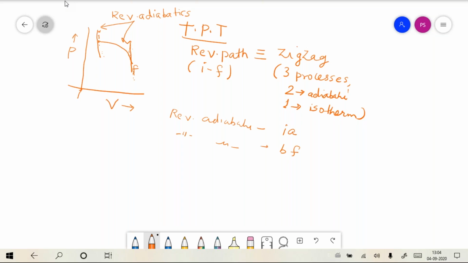So let us say this is A and this is B. So this is A, B, F. I need to draw these lines.